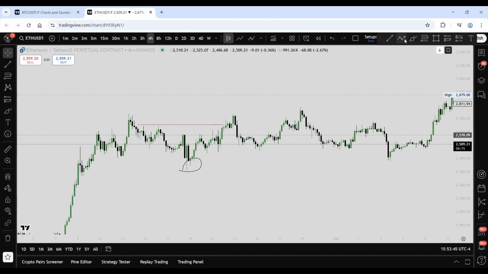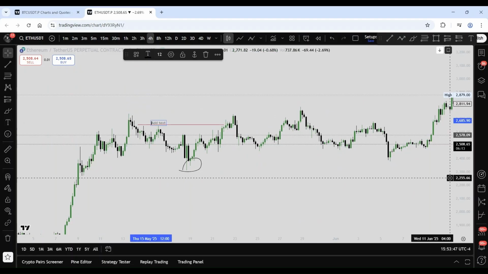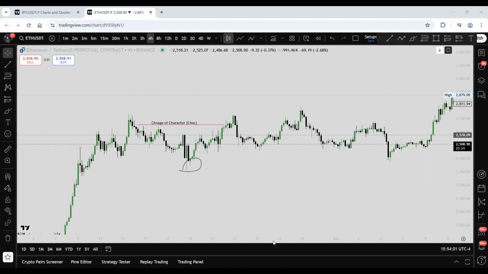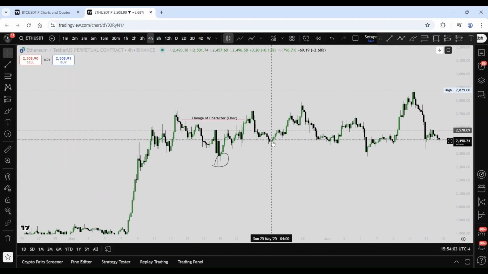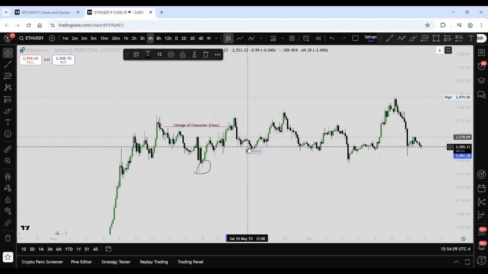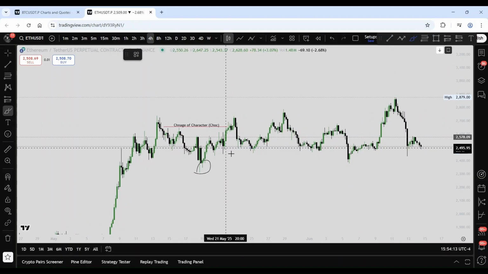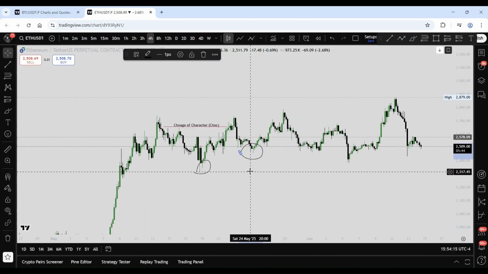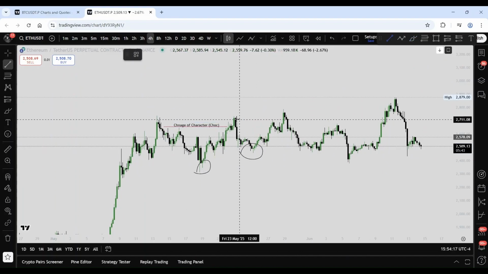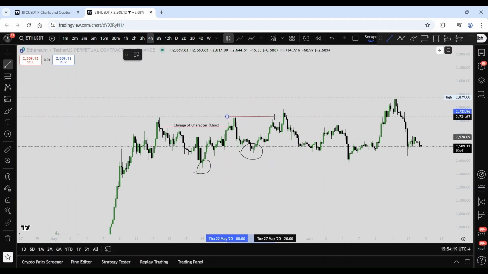I'm going to write that down real quick. Change of character followed by retracement. We had the price retrace after successfully making a higher high, a successful retracement, and then we had a break of structure.